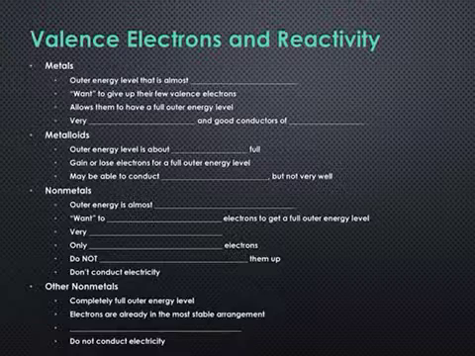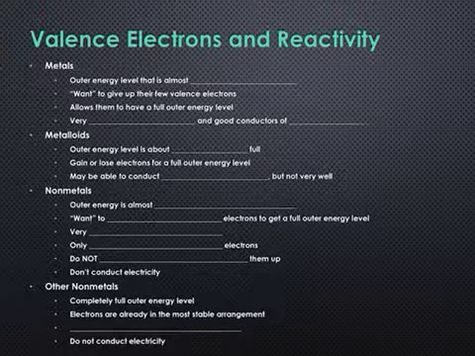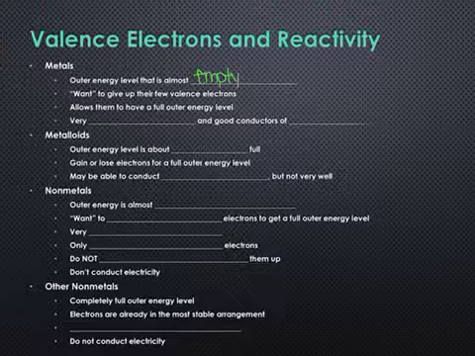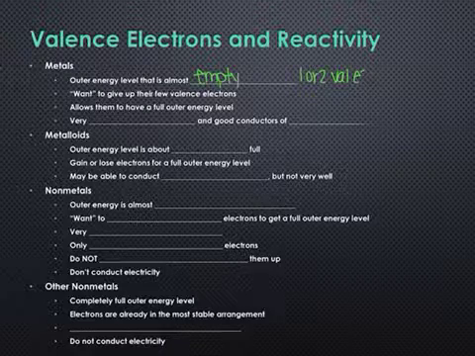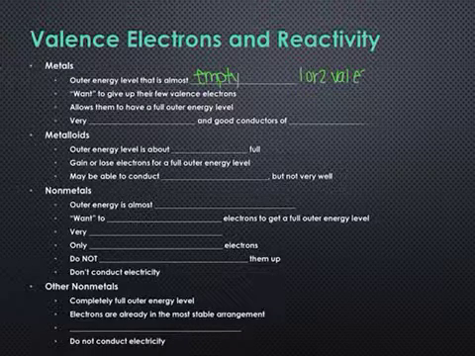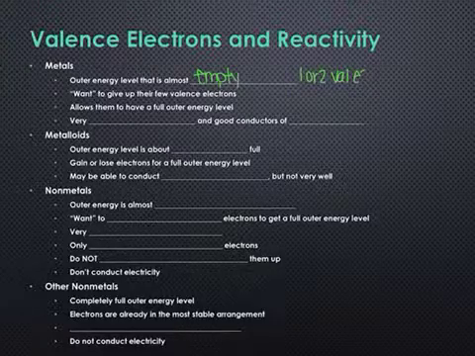So, looking at their valence electrons and reactivity by classes, metals, their outermost energy level is almost empty, meaning they probably only have 1 or 2 valence electrons, and they want to get rid of them. This would then allow them to have a full outer energy level.